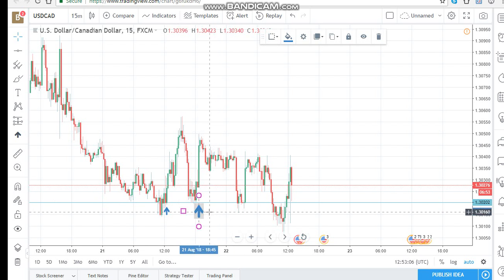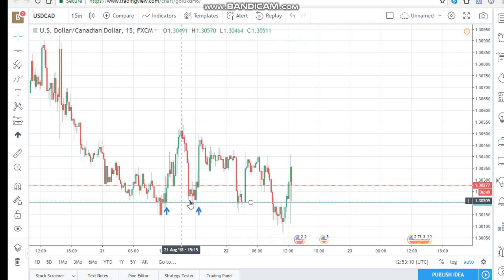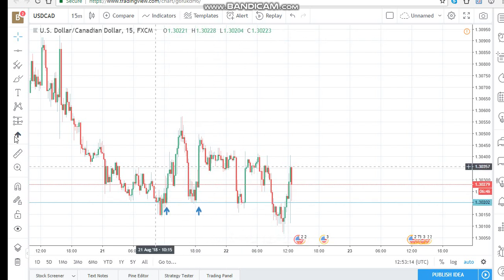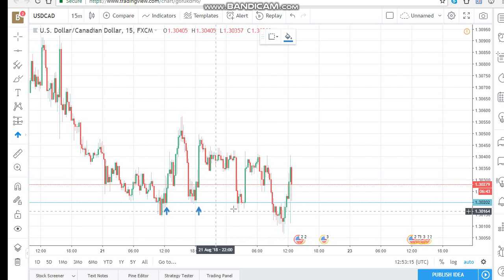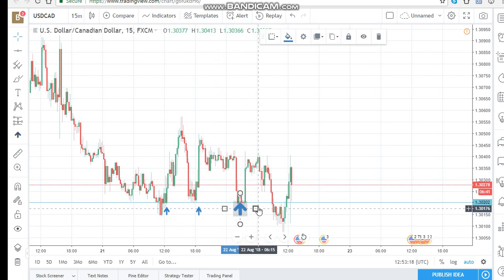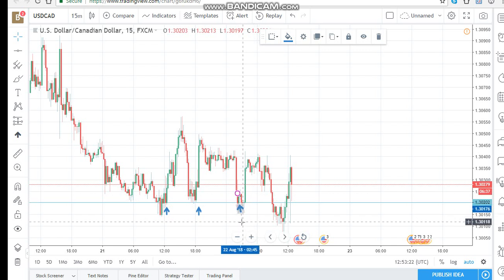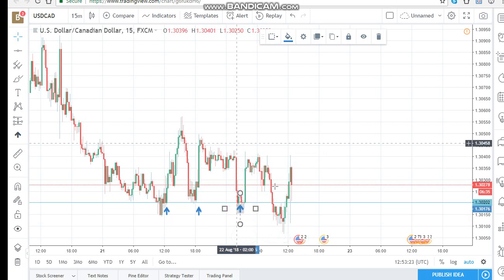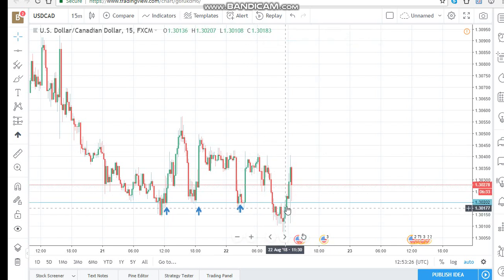The second attempt was here. As you can see, it falls on the line that I drew, and the third one was here. So this is the level of support and they are very strong.